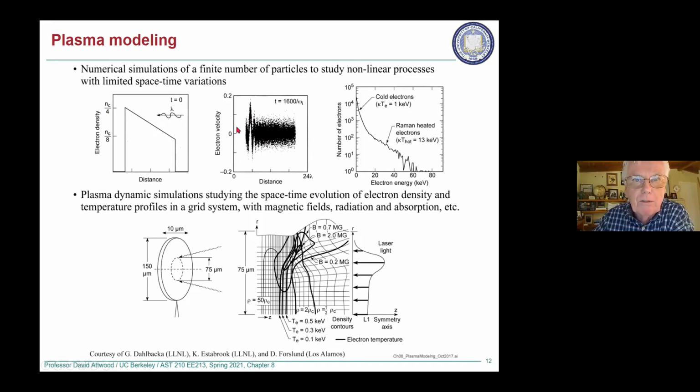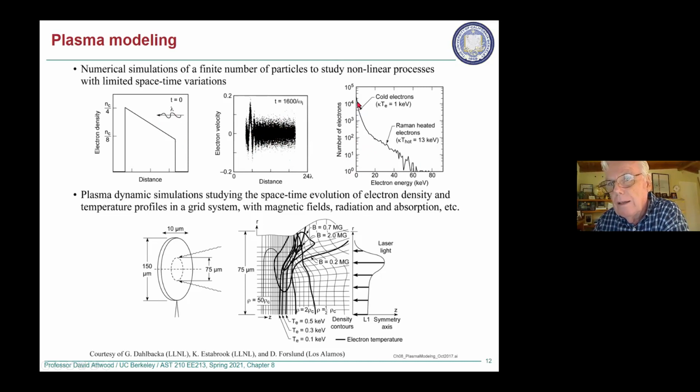It's plotting electron velocity versus distance. And if you look at the simulations here, you'll see where with strong intensity incident radiation, like in here, you start to see plasma waves appearing here, being driven out of the noise. So that would be one of our nonlinear processes. And you can also see in these simulations what the electron distribution is, how many electrons versus electron energy.